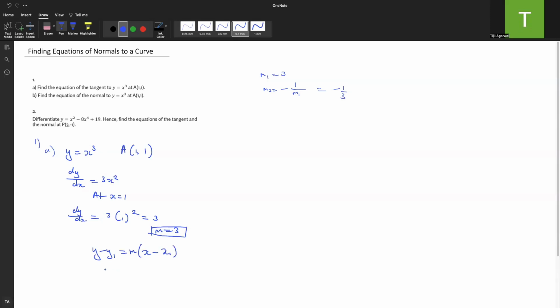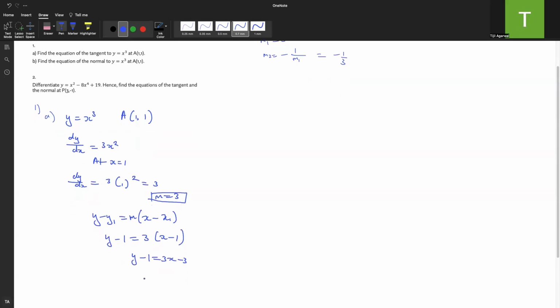So y minus 1, our y coordinate is 1, our gradient is 3, and our x coordinate is also 1. So y minus 1 is equal to 3 times (x minus 1), which means that y is equal to 3x minus 2. That's the equation of our tangent.